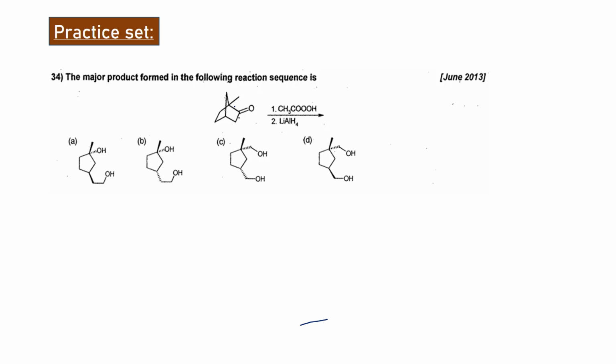There is an oxygen incorporation next to the more substituted group. So after this one, you will get an ester group. To form an ester from a ketone, this is a very important type of reagent. It will form this ester group.